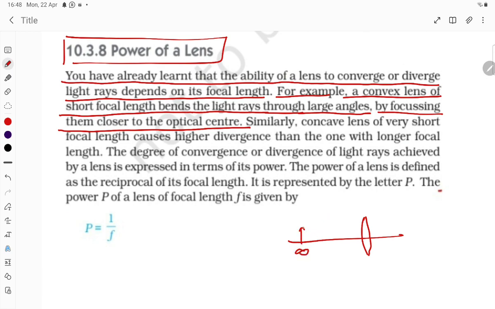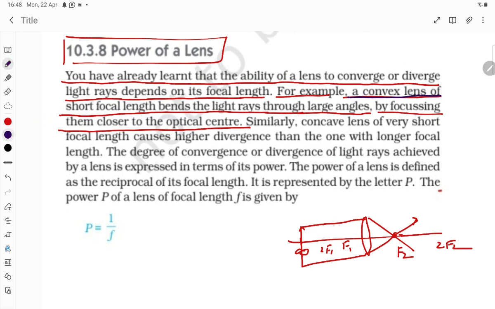Suppose the object is at infinity, so after refraction it is going to converge at F2, student. This is F1 and this is 2F1. This is an object at infinity, a large-size object. So it converges at the principal focus, very close. That is the point they are making.